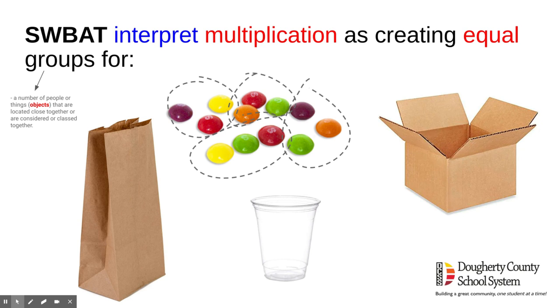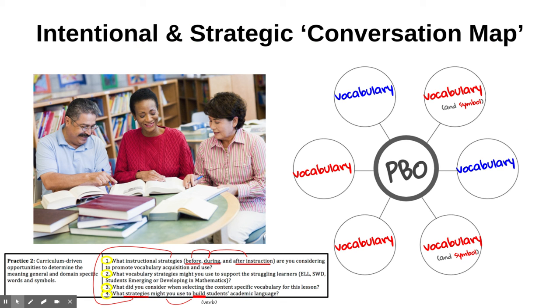But this is how it all ties together, right? And so as we close here, remember our intentional and strategic conversation maps, answering these questions when we're looking at our vocabulary. How are we going to build students' understanding, their acquisition and their use before, during, and after instruction?